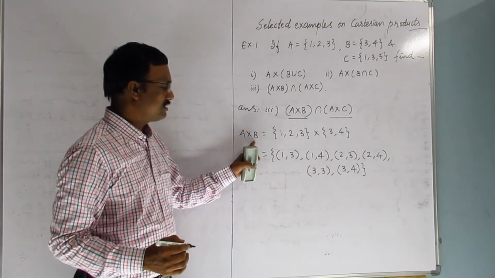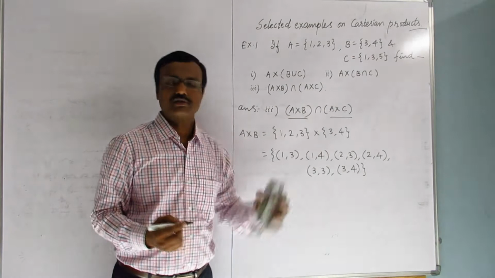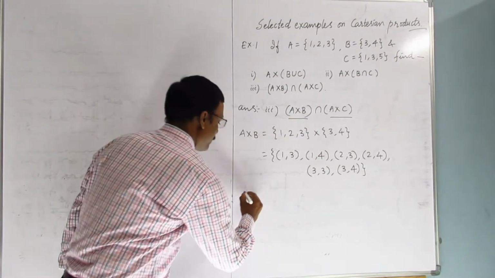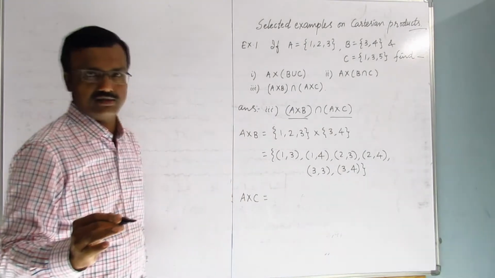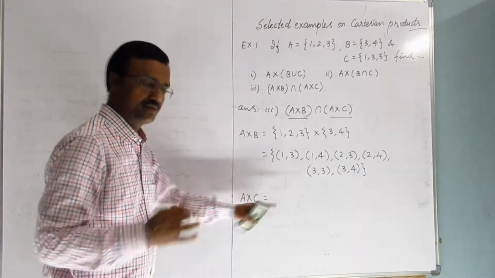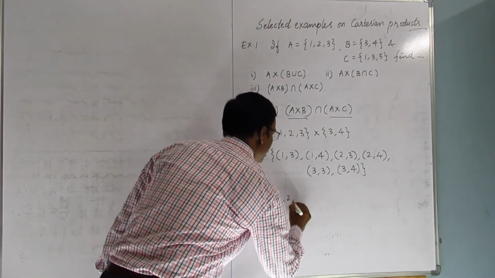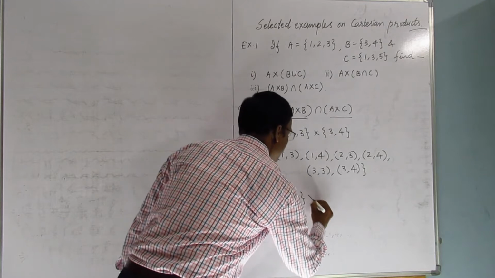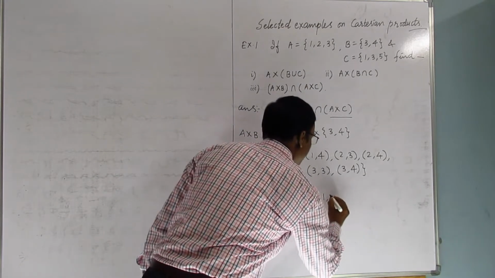So this is A cross B. Now we will find A cross C in a similar way. A cross C means the Cartesian product of A and C. Let us write the elements here. A means elements 1, 2, 3, Cartesian product, C means the elements 1, 3, 5.